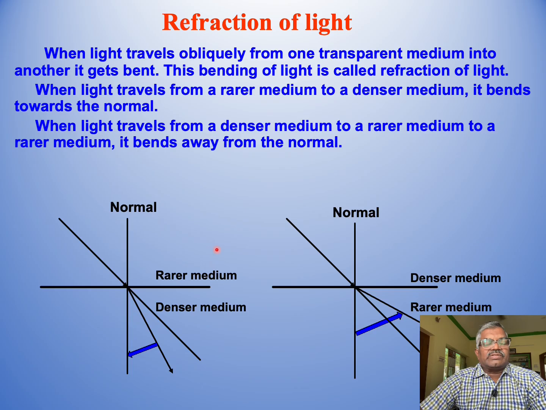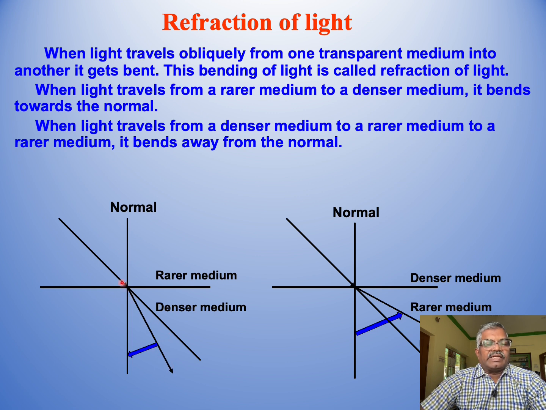So, dear students, you can see the slides here. This is the normal. Normal is a perpendicular line. Here the upper portion is a rarer medium and the lower portion is a denser medium. This is a light ray. When light enters from rarer to denser medium, it would follow the straight path, but it will bend towards the normal.